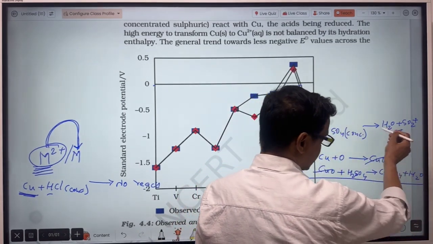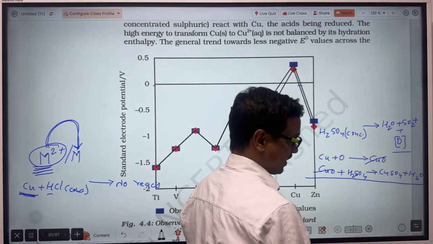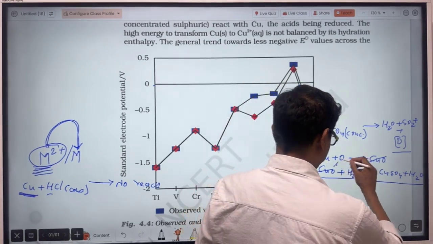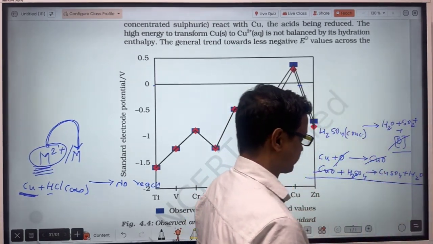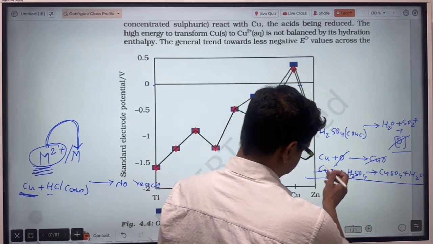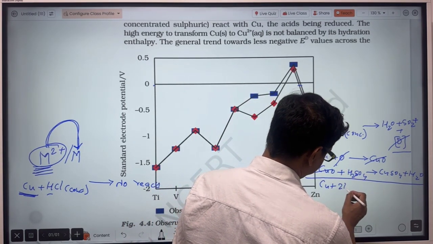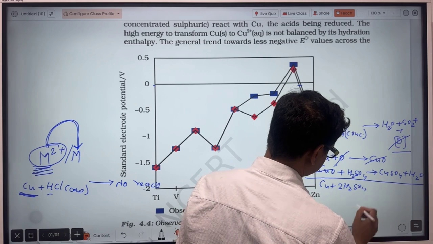The nascent oxygen formed by the dissociation of H2SO4 has also been utilized, so that will not form either. Then the balanced chemical equation is: copper reacts with 2 moles of H2SO4.